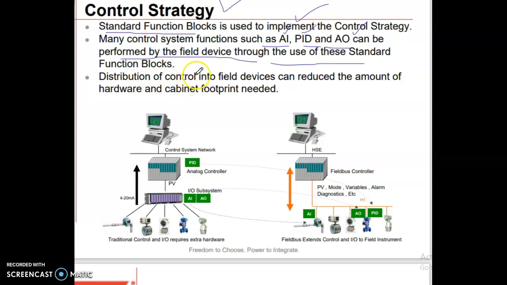Distribution of control into field devices can reduce the amount of hardware and cabinet footprint needed.